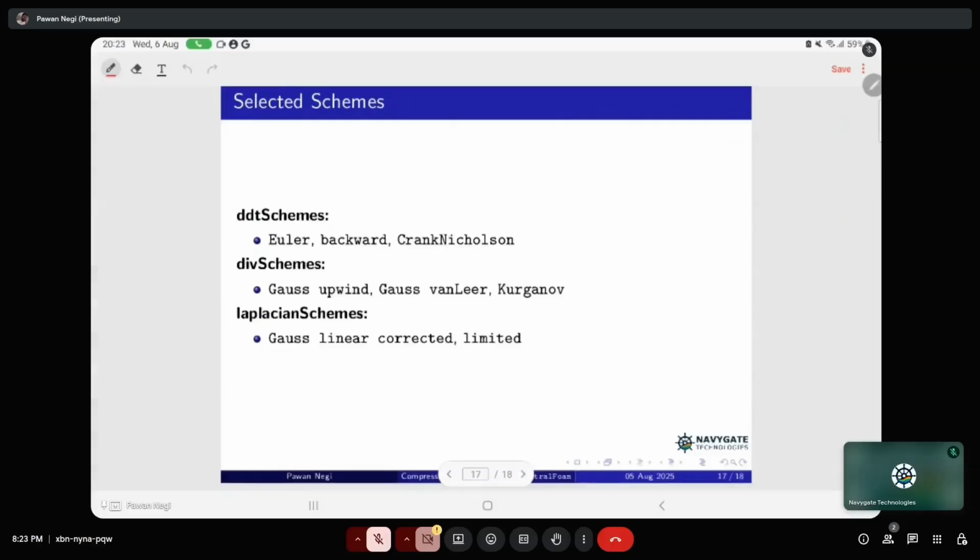These are the options. If you want to change any time stepping, you can have these. You can have them for the divergence scheme as well, and for the Laplacian scheme as well. You can have Gauss linear corrected as well as Gauss linear limited. These are all other options which we can try when we are doing the actual simulation.